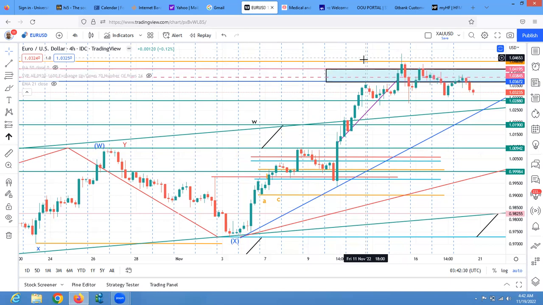And I gave this level as the area for your stop loss if you enter here. Now, if you had entered, the price would have hit you and you would have been out of this trade, except you adjust your stop loss above.